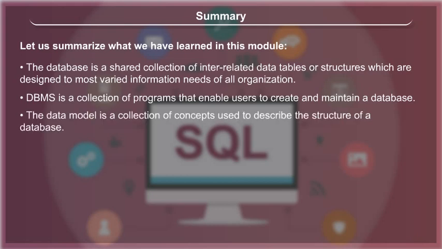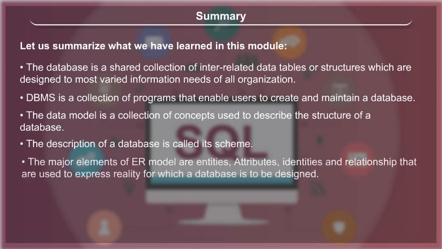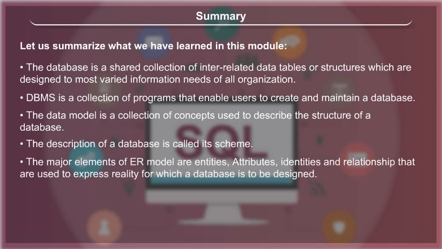The data model is a collection of concepts used to describe the structure of a database. The description of a database is called its schema. The major elements of the ER model are entities, attributes, identities, and relationships that are used to express reality for which a database is to be designed.